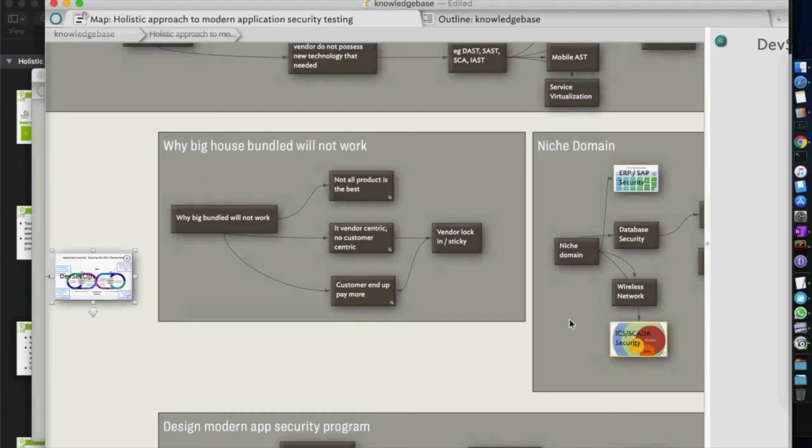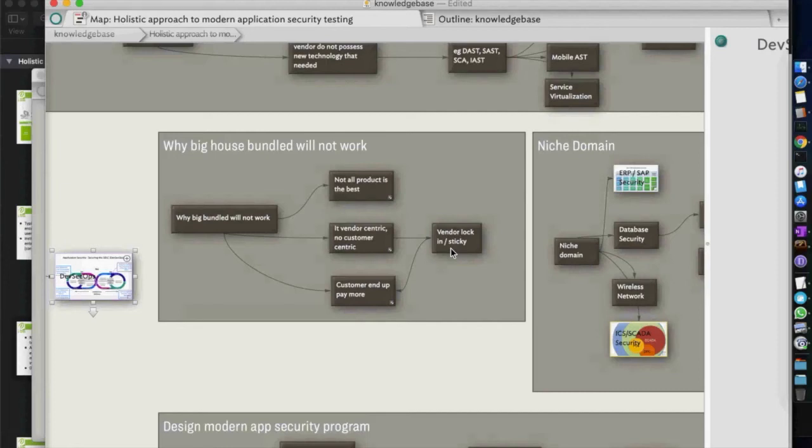It is vendor centric, not based on what the customer needs. By bundling, it actually makes customers locked in to that specific vendor and makes them sticky. This is why a lot of vendors try to do so.